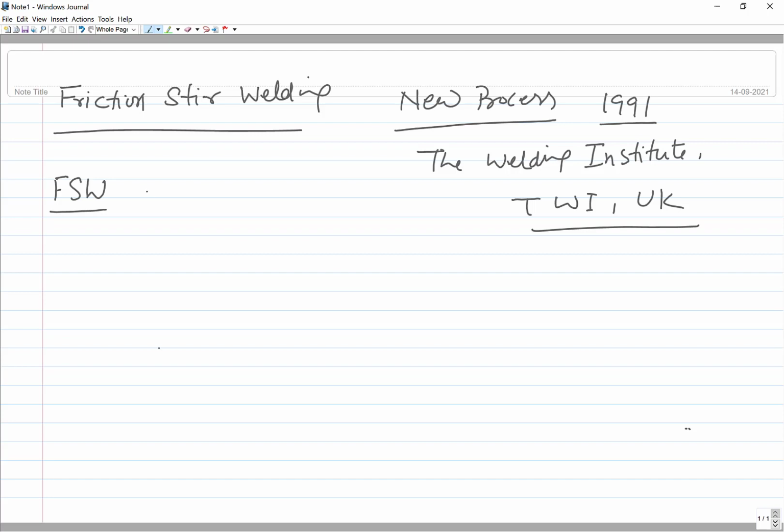Say as per the need, or to have improved performance of the joints developed by using this solid state joining process. Just to name a few, there is stationary shoulder friction stir welding.